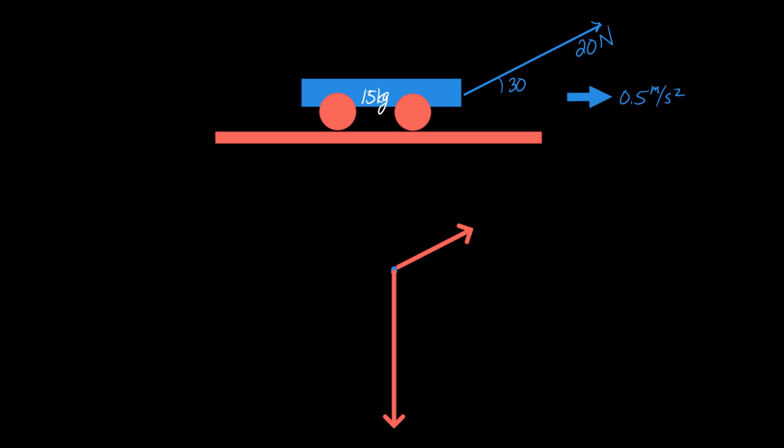Is there a normal force acting on the object? Is it in contact with the surface? Most definitely. So my normal force must be perpendicular to the surface. That's going to be an upward force. And I'm purposely making it smaller than the weight because the tension force is also lifting upwards on the object. So weight, tension, normal.